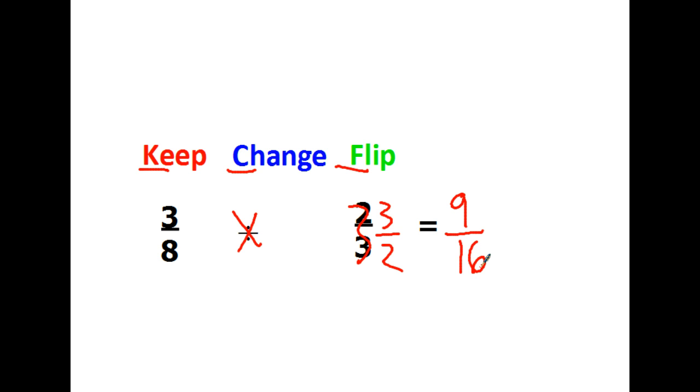Can't divide by 10, 5, or 2. Can't divide by 3. And notice my answer is less than 1, 9/16. So if I start with a fraction and I divide it by a bigger fraction, I'm going to end up with an answer less than 1 every time.